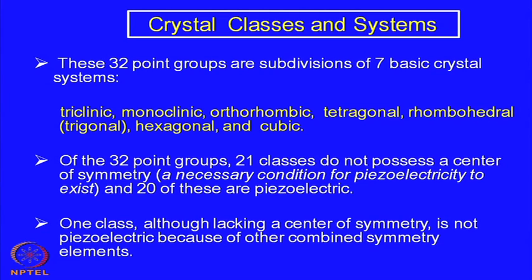Out of the 32 crystal classes, 21 do not possess a center of symmetry, a necessary condition for piezoelectricity to exist, and 20 of these are actually piezoelectric. Okay. That is a very important statement. For piezoelectricity to occur in a material, the crystal structure must satisfy certain conditions, and that is that it must not have a center of symmetry.